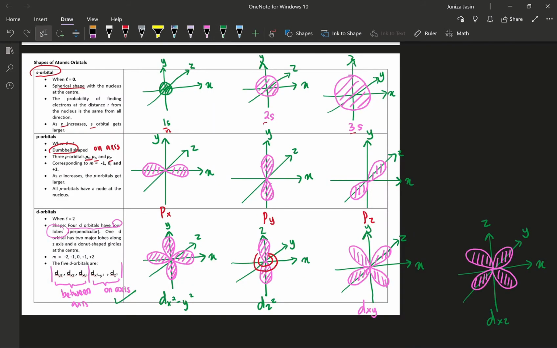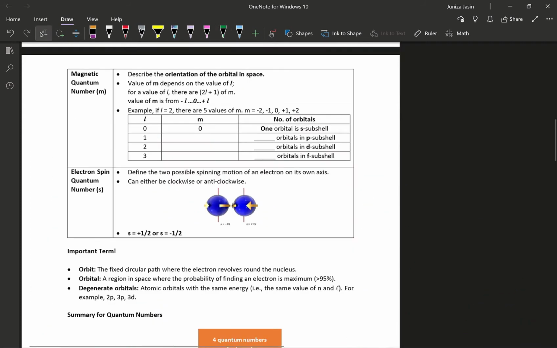Sebab orbital orientation tu boleh berada pada paksi X, boleh berada pada paksi Y, boleh berada pada paksi Z. Okay, so kalau tadi n, L, ms, L depend on n, but now m depend on L. So the value of m is from negative L until 0 sampai positive L.